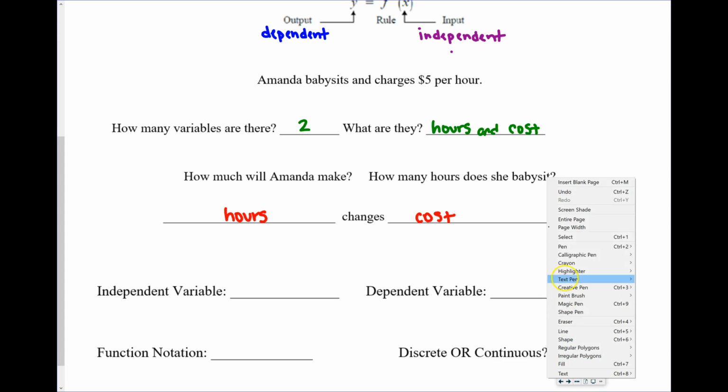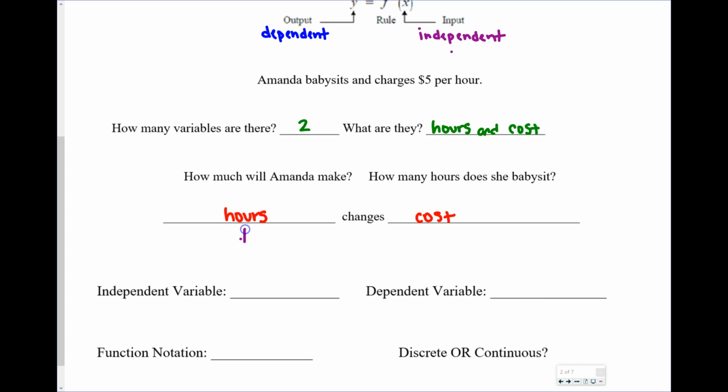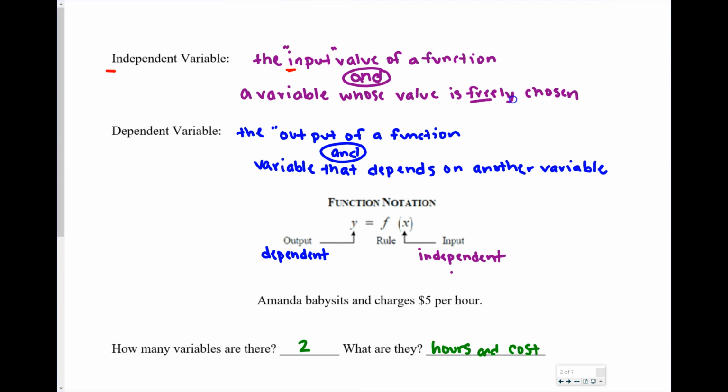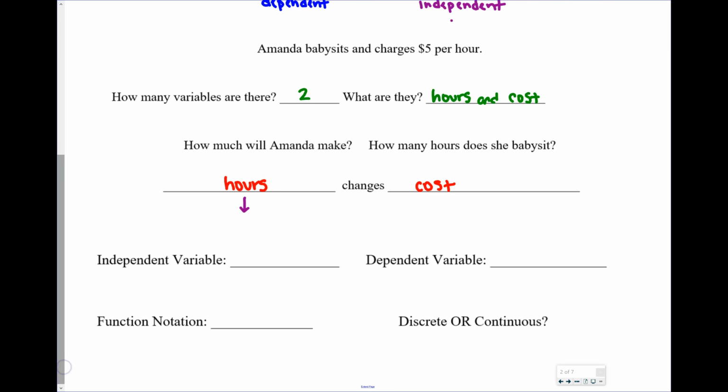With that said, you're freely choosing how many hours you want to go out. When we talked about independent variable, remember, we define that thing as being freely chosen. So I'm choosing how many hours I want to go out. That makes hours my independent variable. Oh, I spelled independent wrong.